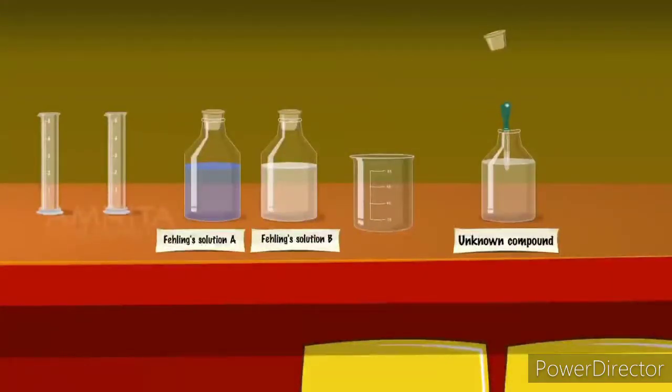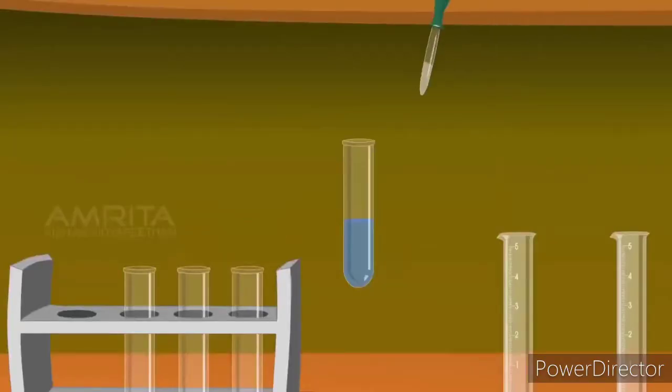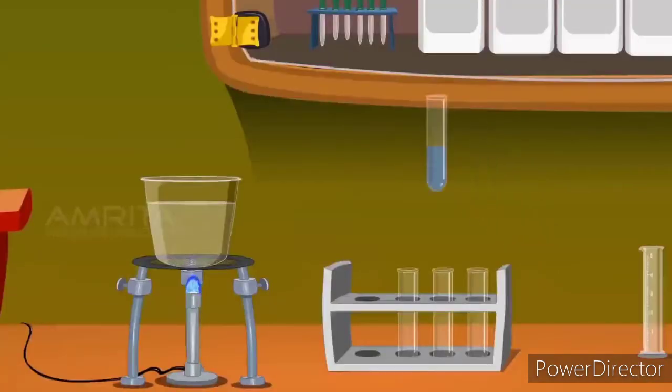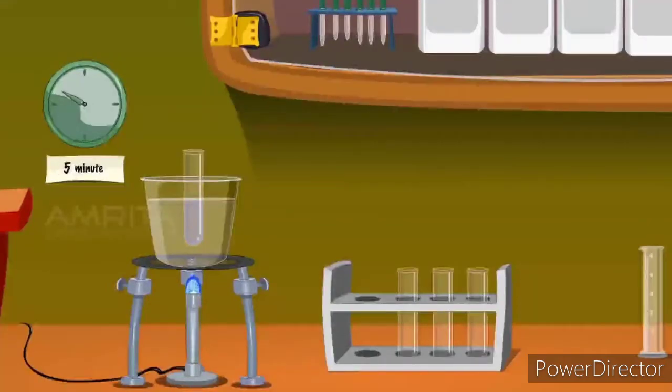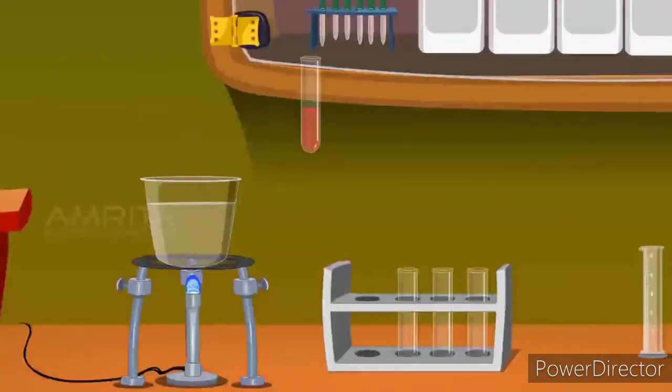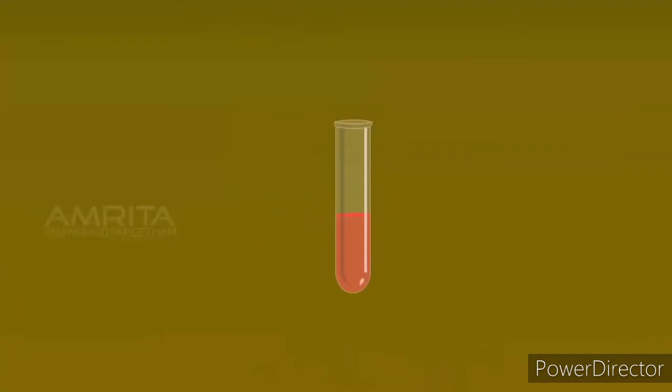Add 4 to 5 drops of the given solution into the test tube using a dropper. Warm the test tube in a water bath for 5 minutes. Aldehydes reduce the Cu2+ ions in the test reagent to red precipitate of copper(I) oxide.